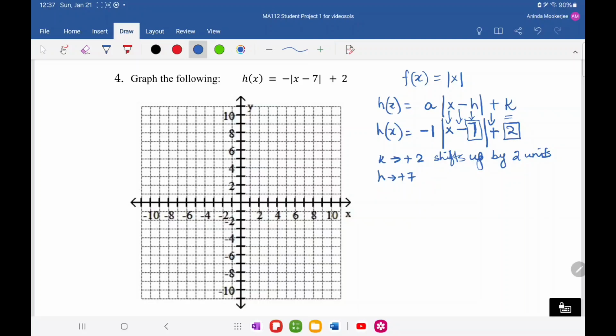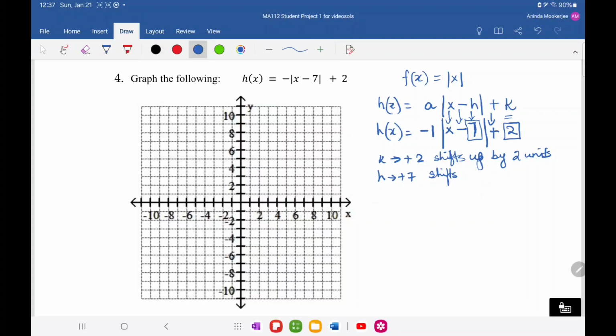Horizontal shifting is either left or right. If h is positive, it shifts to the right. If h is negative, it shifts h units to the left. So let's write that, shifts. Now I encourage you to write out the transformation as I am doing here, because you can get partial credit even if your graph is not absolutely right.